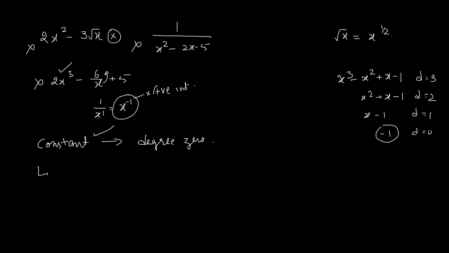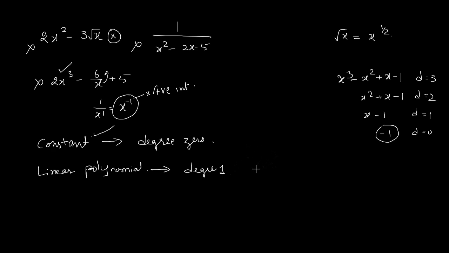Then linear polynomial. You must have gone through linear equations. What was the main idea behind a linear equation? A linear equation, or in this case a linear polynomial, is of degree 1.